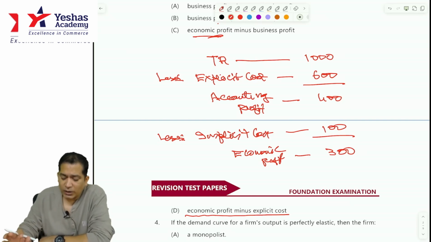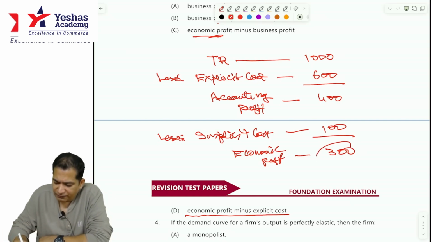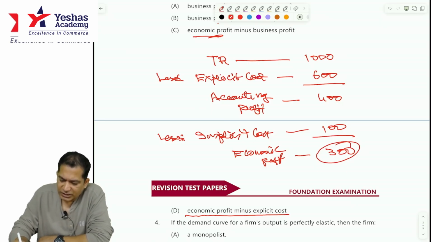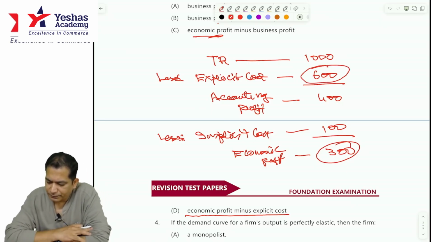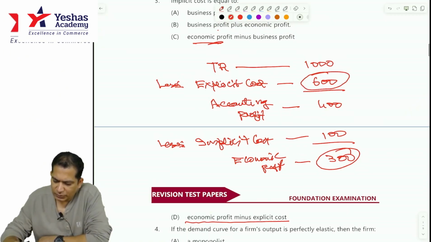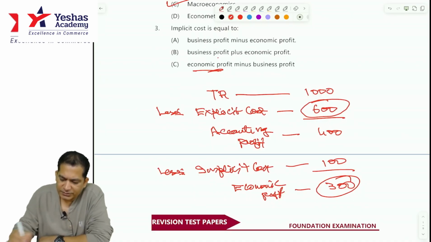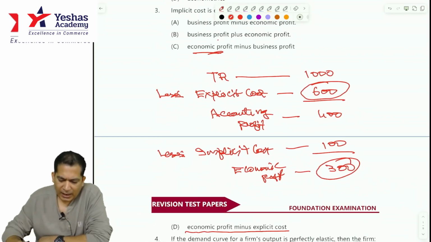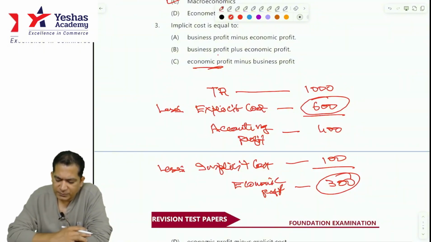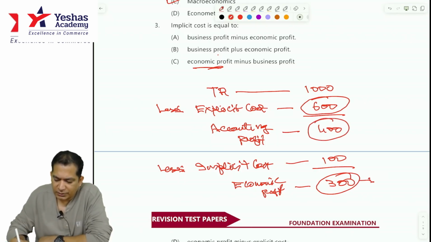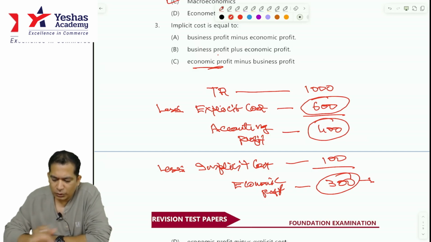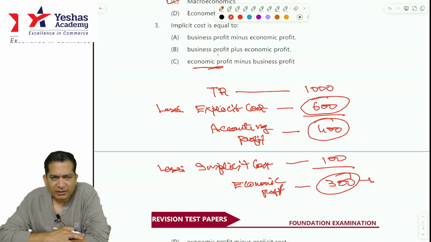But economic profit minus explicit cost is 300 minus 600, and you're getting implicit cost as minus 300. Is the implicit cost 300 here? No. And economic profit minus business profit: economic profit is 300 and accounting profit is 400. 300 minus 400, you're getting minus 100.